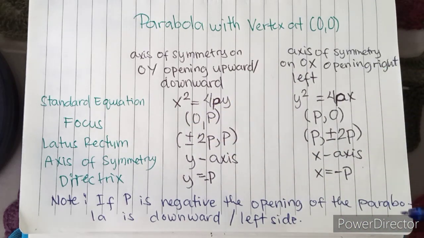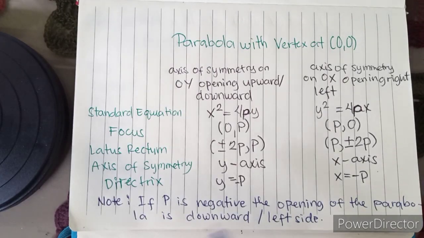For the horizontal naman, it's x-axis. And for the directrix, so we have for the vertical, y is equal to negative p. And for the horizontal, we have x is equal to negative p.